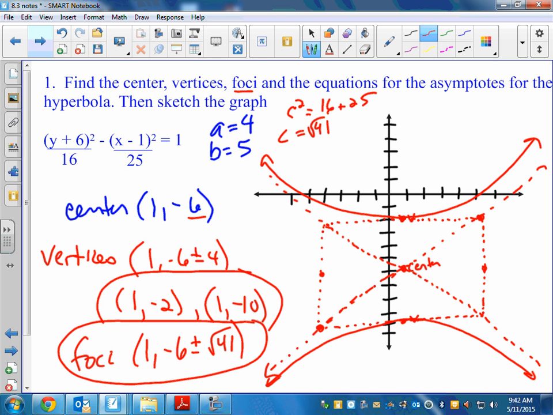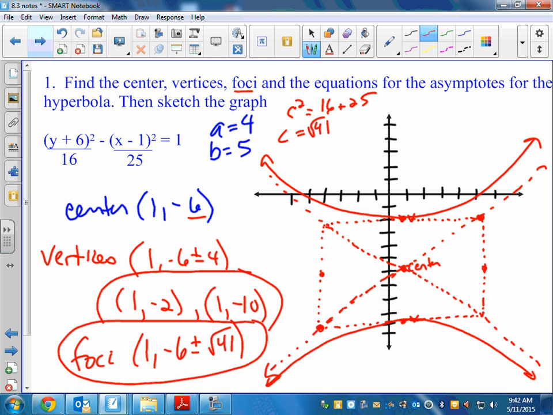So really the hyperbola is just the two branches, but if you didn't have the asymptotes to guide you, then you end up having to pick a lot of points, and it's not that much fun to graph. But the little rectangle trick, or knowing that you just go up A over B, is a nice way to do it.